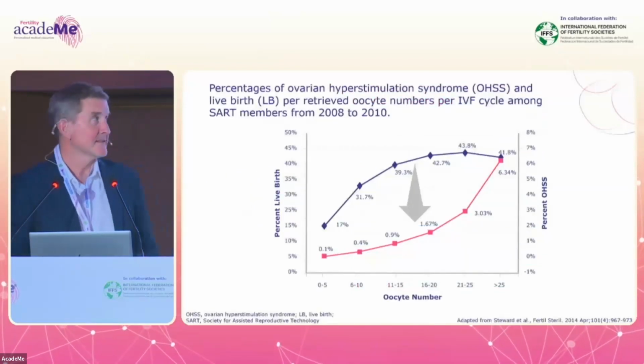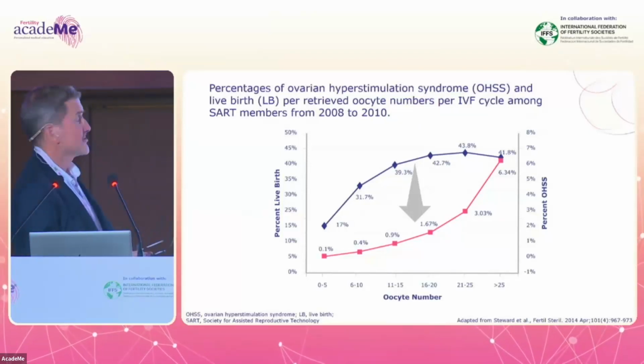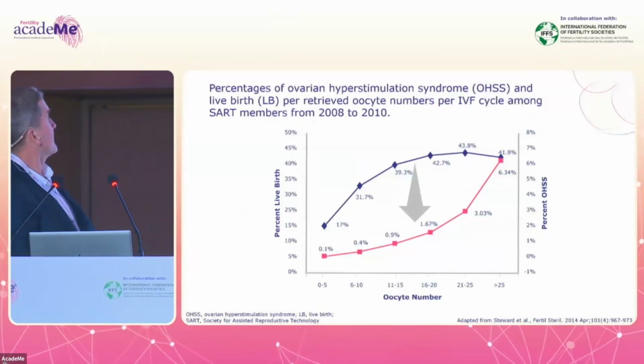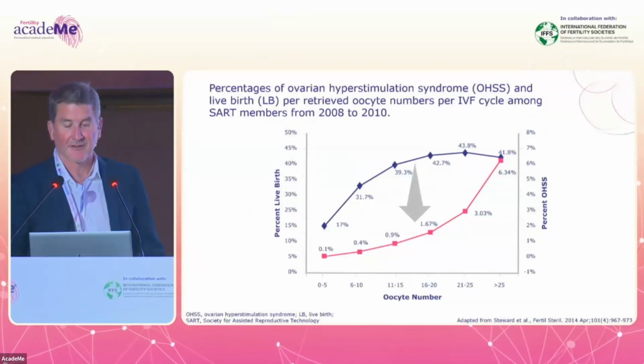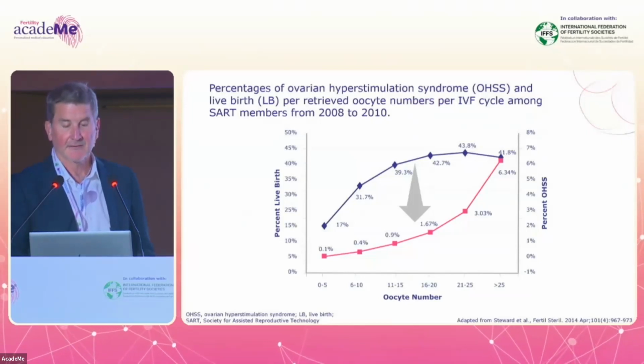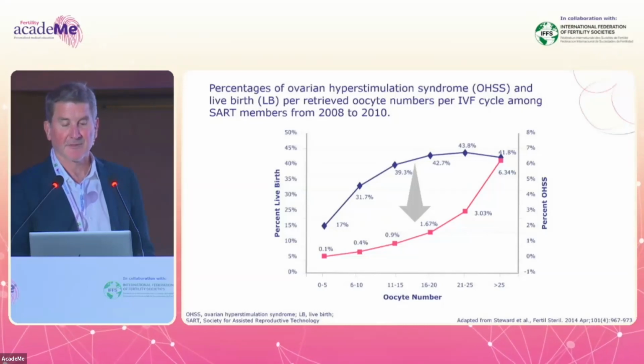So this slide shows a graph looking at the percentages of ovarian hyperstimulation syndrome and live birth per retrieved oocyte numbers per IVF cycle amongst SART members from 2008 to 2018.